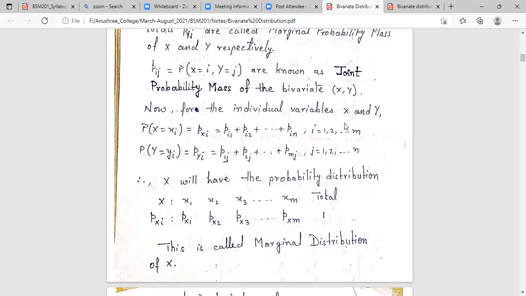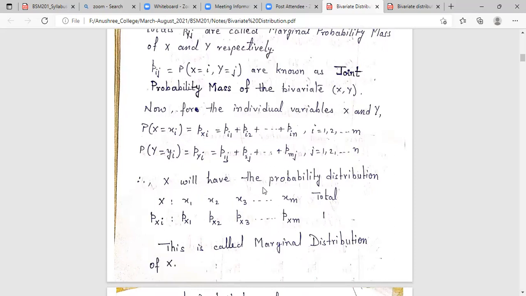Now for the individual variables, if I take x and y individually, the probability that x equals xi is Pxi, which is Pi1, Pi2, Pi3 up to Pin. Similarly, the probability that y equals yj will be Pyj, which is P1j, P2j, P3j, up to Pmj.